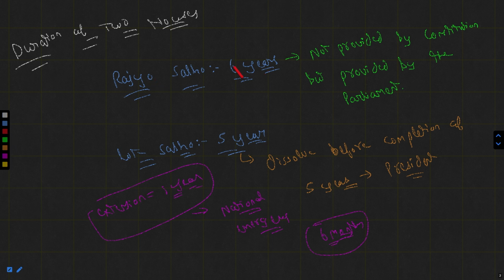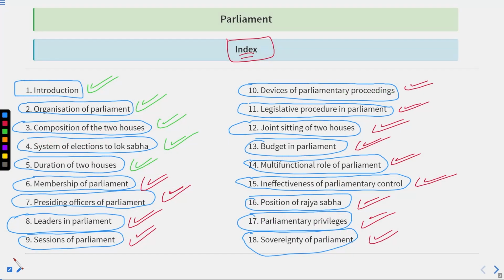Thereafter, this 6 years is provided by the People Representation Act 1951. Okay, so these are the things that we have covered in the previous lecture.